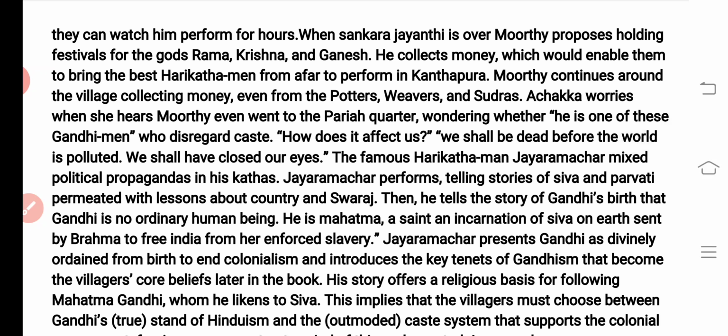Pariyas are considered the lowest. So, she was worried when she heard that Murthy, being a Brahmin, went to the Pariya quarter, wondering whether he is one of these Gandhi men who disregard caste.